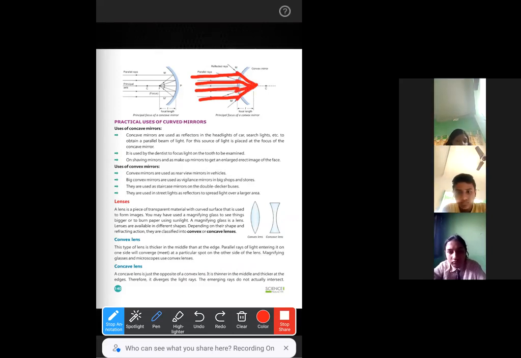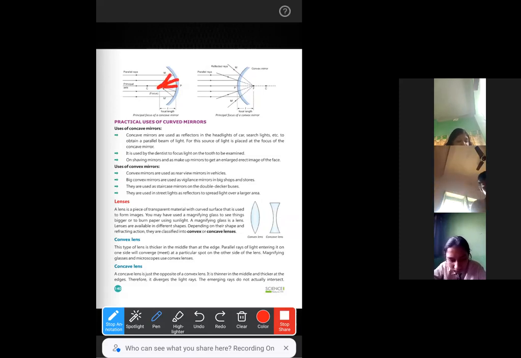This point is known as the center of focus, or simply focus. We denote it with F. Here also you can see the point at which all the light rays meet is called the focus. Here also, the point where all the light rays meet is called the focus.